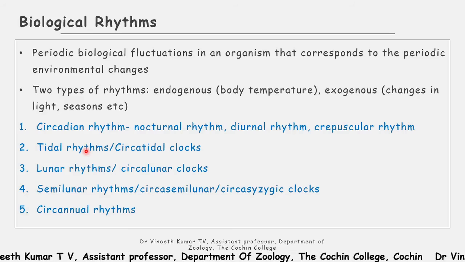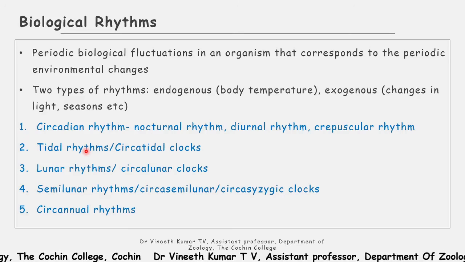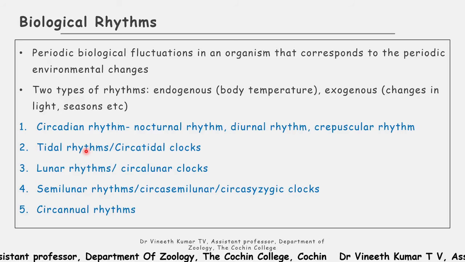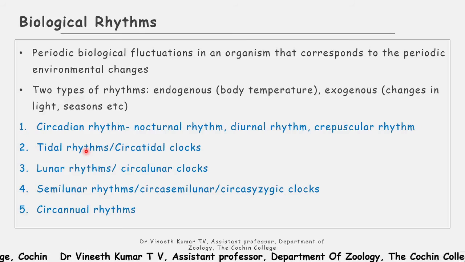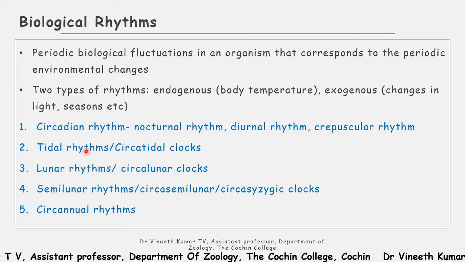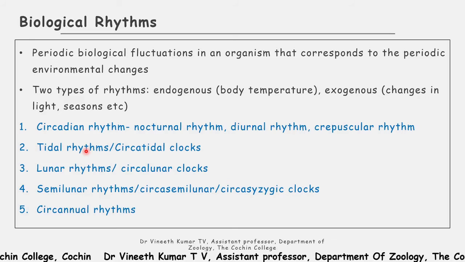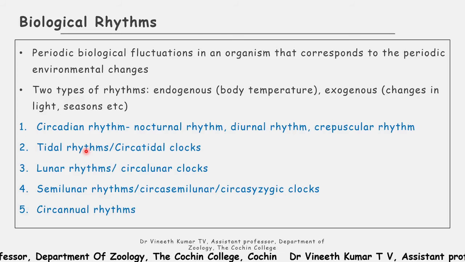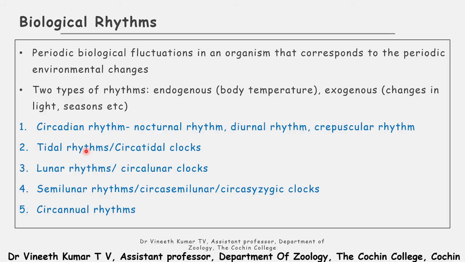The last one is the circannual rhythms. These are the behavioral and physiological rhythms controlled by the biological clock within a period of a year. Annual periodicity in the reproductive cycle has been observed in many insects, fishes, birds, and mammals. In many animals, a part of their life in the resting stage exhibits reduced metabolic activity, and this can be the circannual activity.